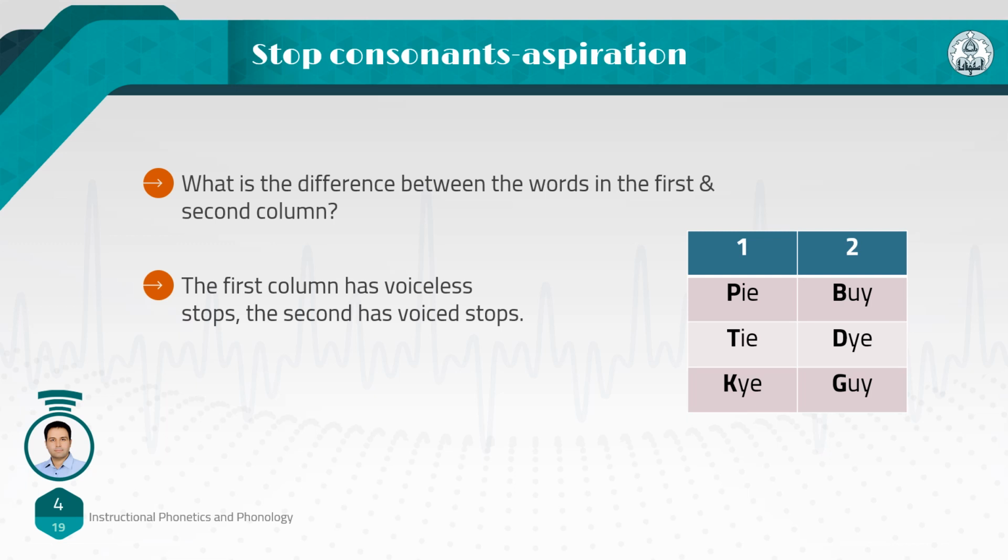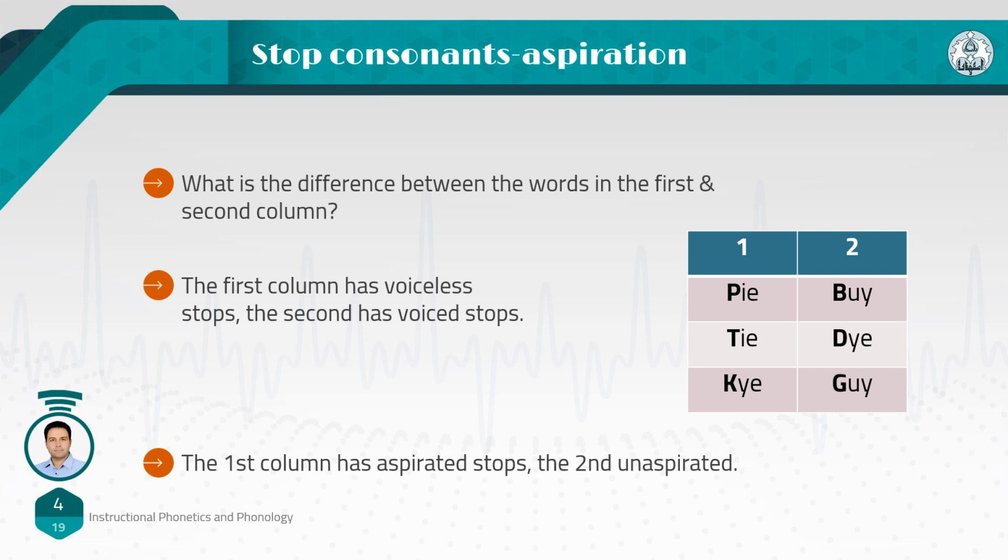P, t, because there is a stop and then we have free flow of air. We release it. This is why we call it a stop. Another difference is that the first column has aspirated stops, but the second column is unaspirated.